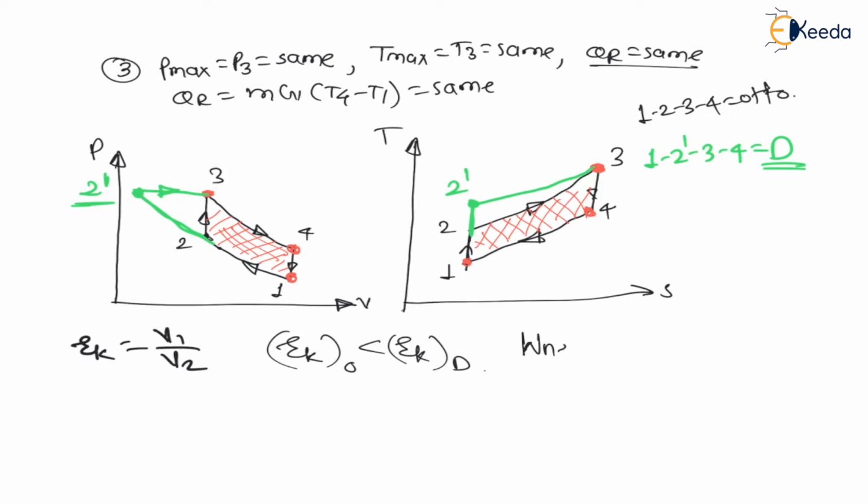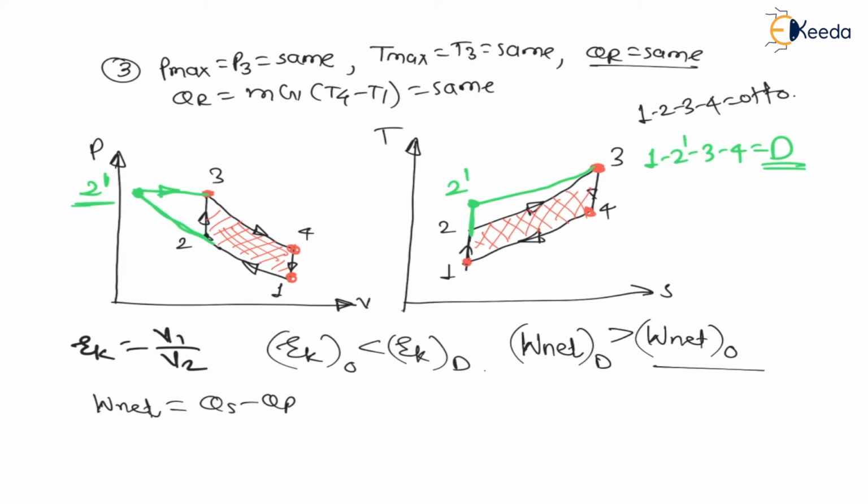Therefore W net of diesel cycle is more than W net of Otto cycle, right. And heat rejection is the same. This W net is nothing but heat supply minus heat rejection, and as heat rejection is constant, as W net increases, heat supply increases. Therefore we can say heat supply of diesel is more than heat supply of Otto.